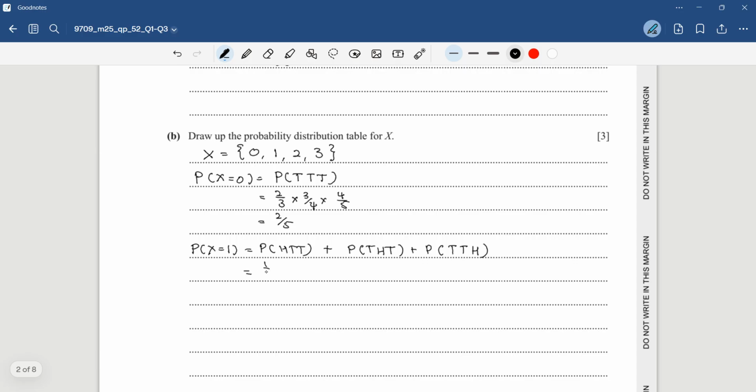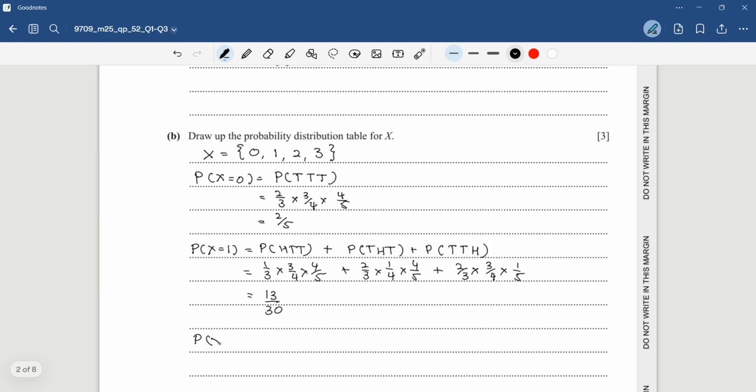So it will be 1 over 3 times 3 over 4 times 4 over 5, or 2 over 3 times 1 over 4 times 4 over 5, or 2 over 3 times 3 over 4 times 1 over 5. So you press your calculator, you will get 13 over 30.